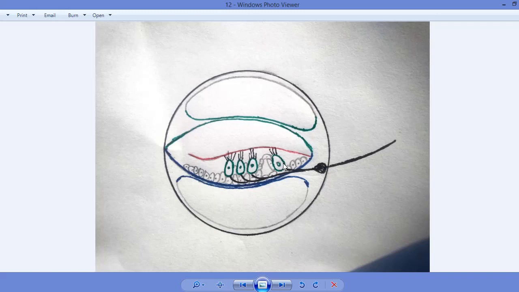So the three outer rows of cells have 90% motor neurons, and the inner cells have 90% sensory neurons. So to modify the sensitivity to various sounds, these are very much sensitive.